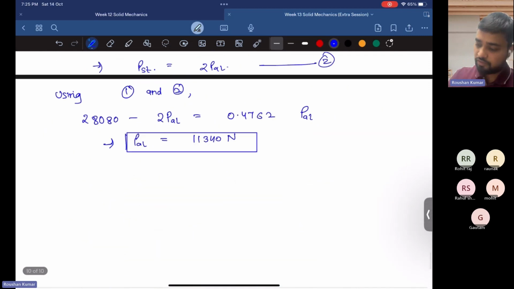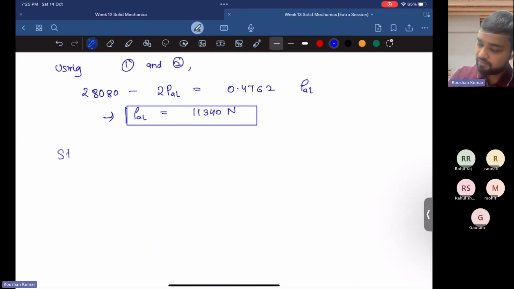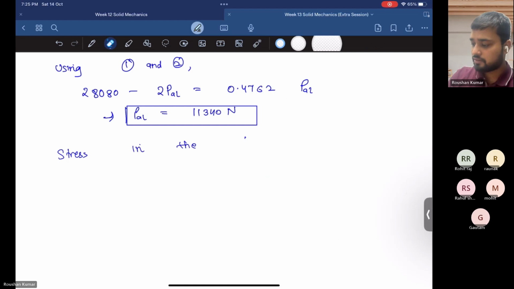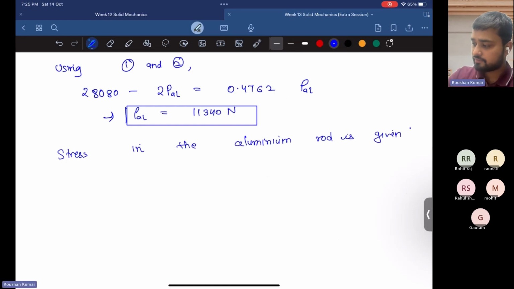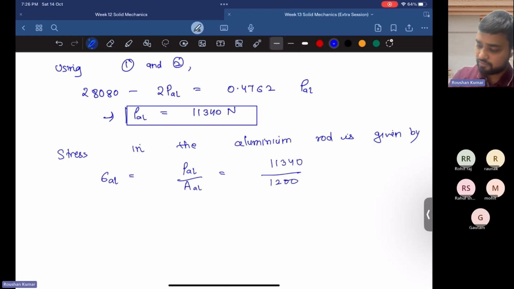Stress in the aluminum rod, sigma of the aluminum, is given by P of the aluminum upon area of the aluminum, which is equal to 11340 upon 1200, which gives sigma of the aluminum as 9.45 megapascal.